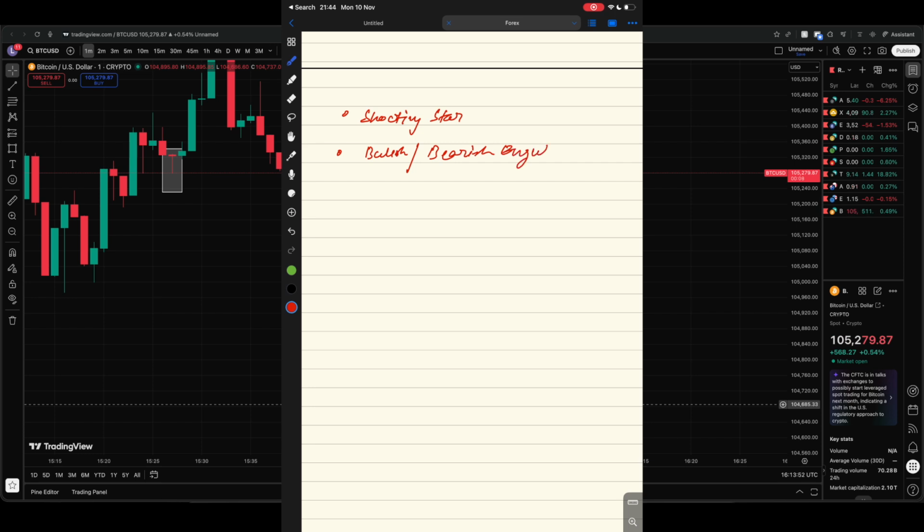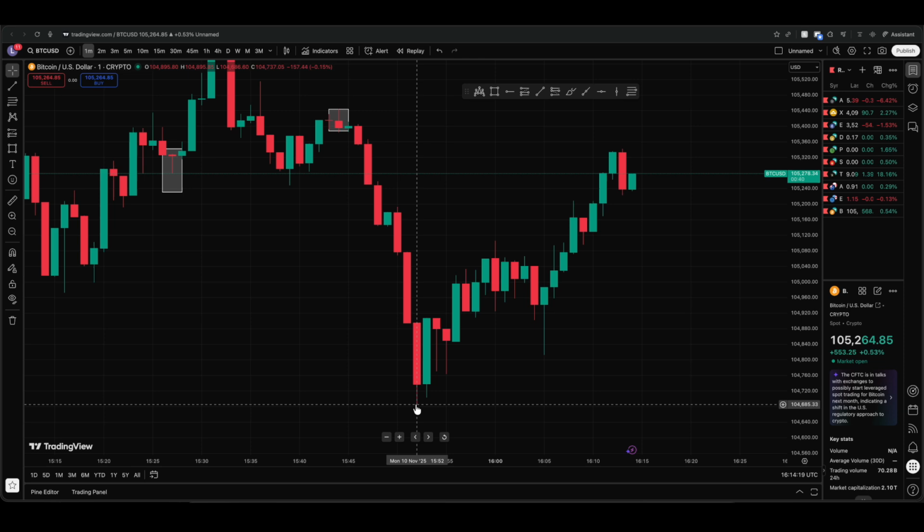Another one is bullish, bearish engulfing, and another one is doji, inside bar, outside bar. So let me show you a glimpse of these patterns.